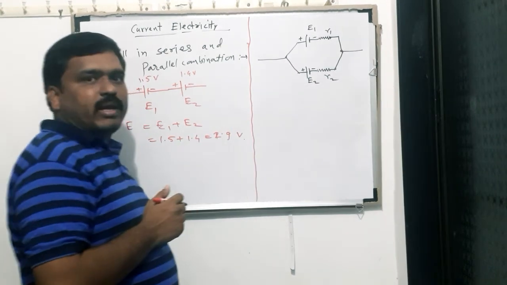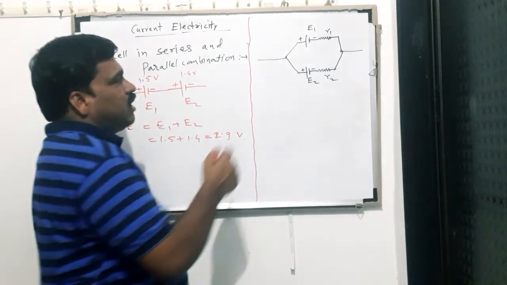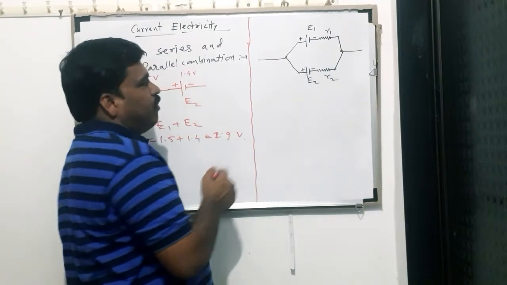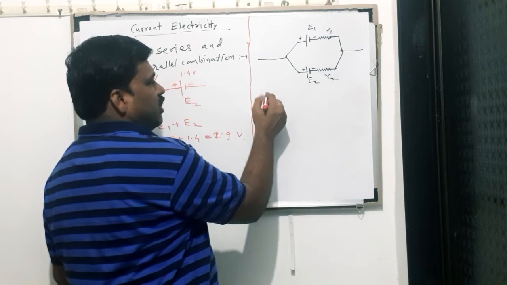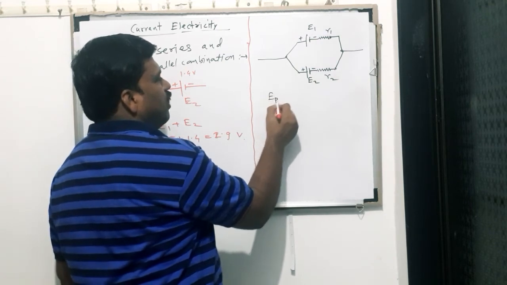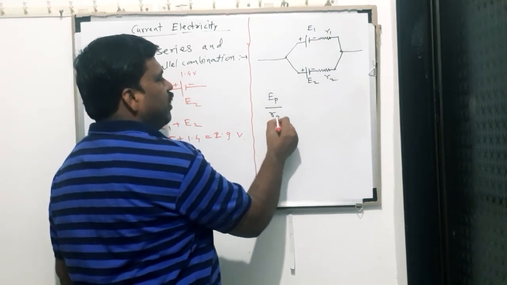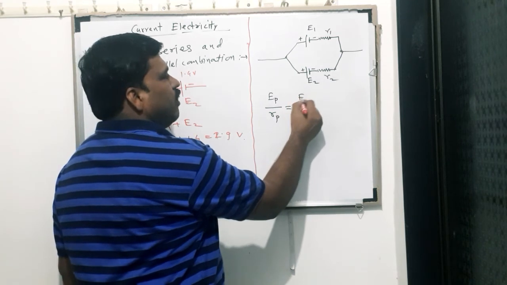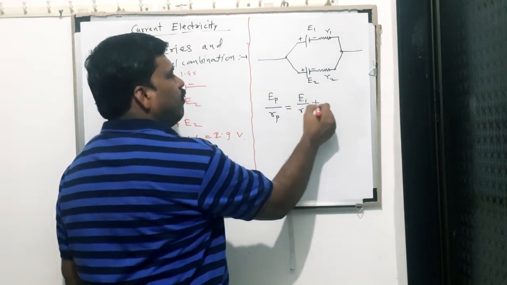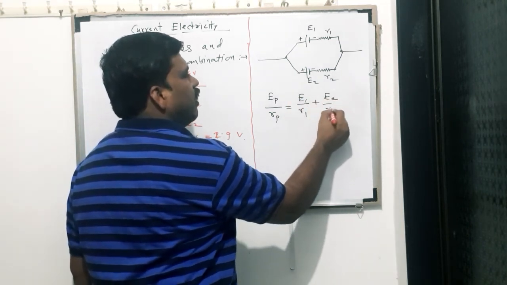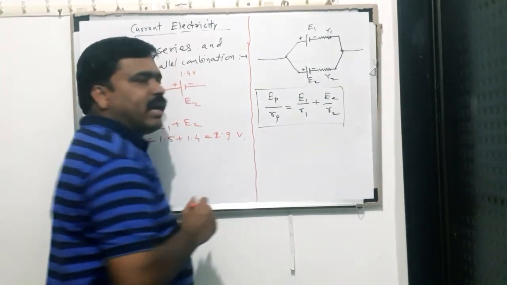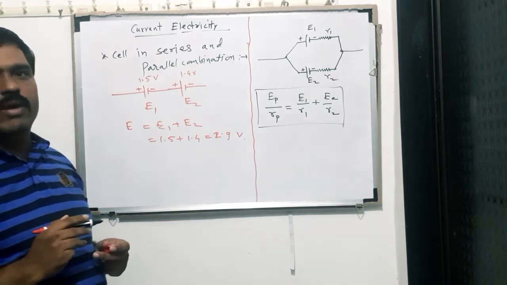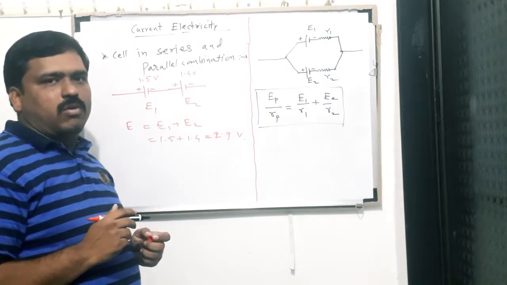Here the equivalent EMF for this parallel combination is given by Ep divided by rp is equal to E1 divided by r1 plus E2 divided by r2, which is the required expression for parallel combination.